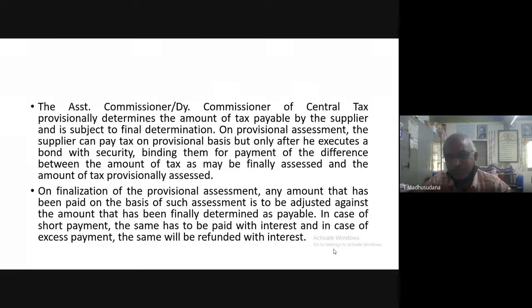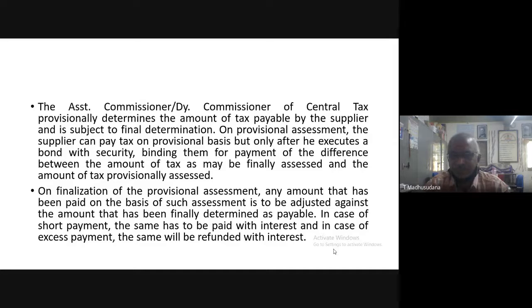That means if he pays less than the final tax liability, he will pay the difference with penalty and interest. Suppose he has paid more than the final assessment, then the amount will be returned by the government with interest.